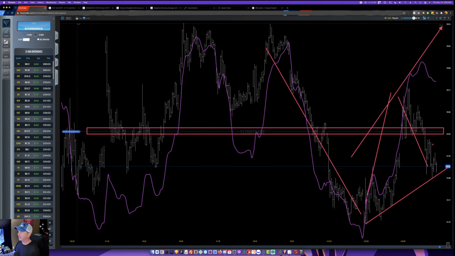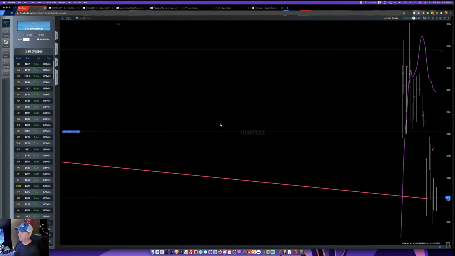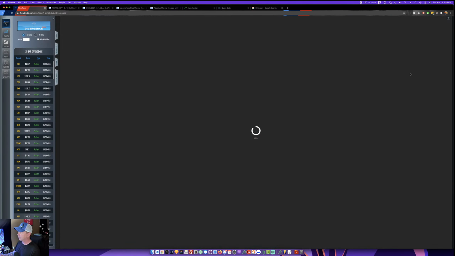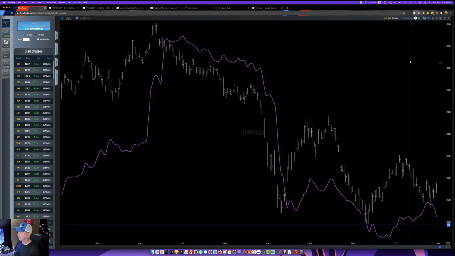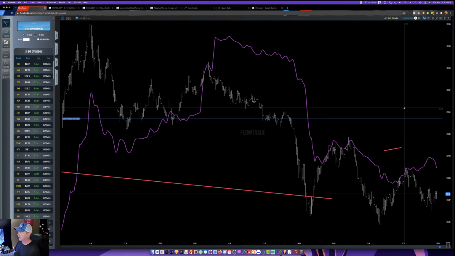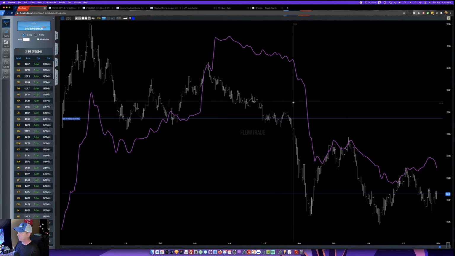Bringing it down to the intraday. We've got price action trading with the algo. As you can see, price action is trading with the algo.